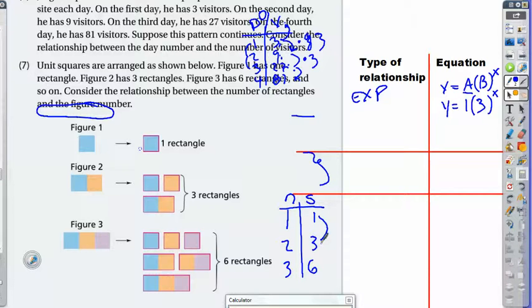Well, I added 2, or I could have said multiplied by 3. What did I do from here to here? I either added 3 or multiplied by 2. But with multiplied by 3 and multiplied by 2, it's not linear, it's not exponential. Well, what's the difference from here to here? The difference is 1. So I'm willing to bet the next one's going to be 4.